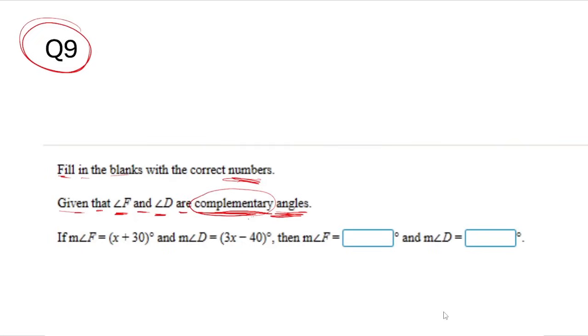Okay, before we continue, we have two types of pair angles: complementary angles and supplementary angles.